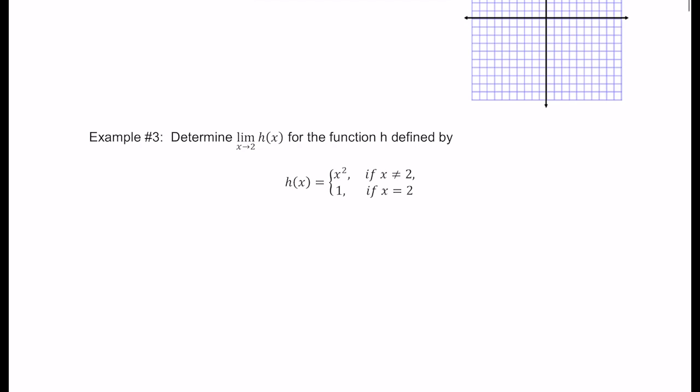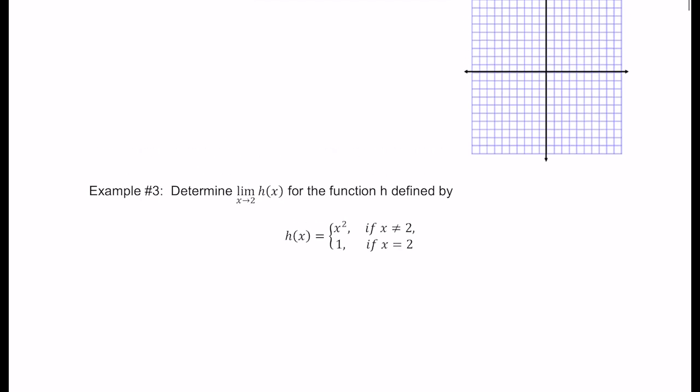So let's graph what this is going to look like, okay? We know that if we graph x squared, it's going to look something like this. Again, it says h of x will equal x squared as long as x doesn't equal 2. So when I plug in 2 and I square it, I get 4. I need to put an open circle there because x can't equal 2. So here's my parabola.